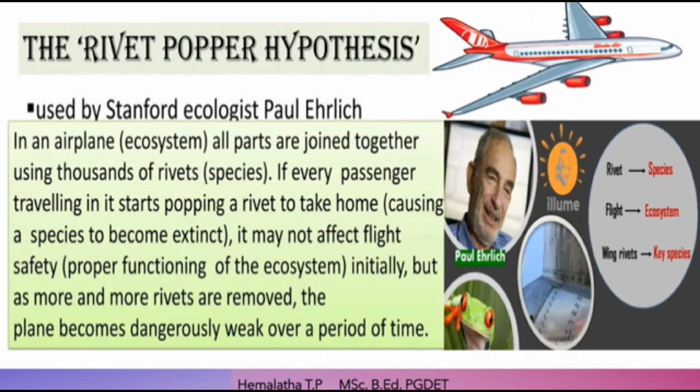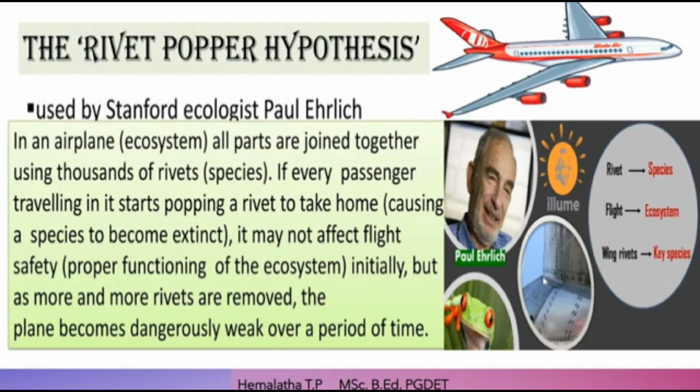He compared the ecosystem with the aeroplane and the species with the rivets. What are rivets? Rivets are small metal structures or metal nuts which are connected in the wings of the aeroplane. So he compared the rivets to species and the complete flight to an ecosystem.